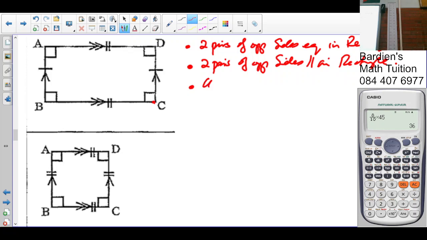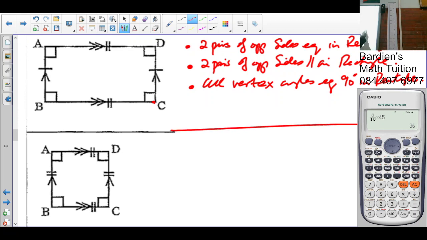So all vertex angles equal 90 degrees in a rectangle. Okay, what else? That's it. What type of shape is the next one? Square. What can we say about the square?